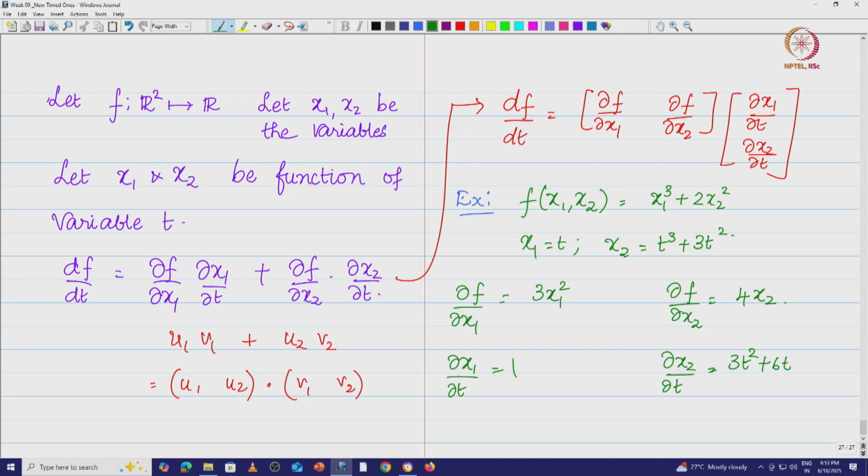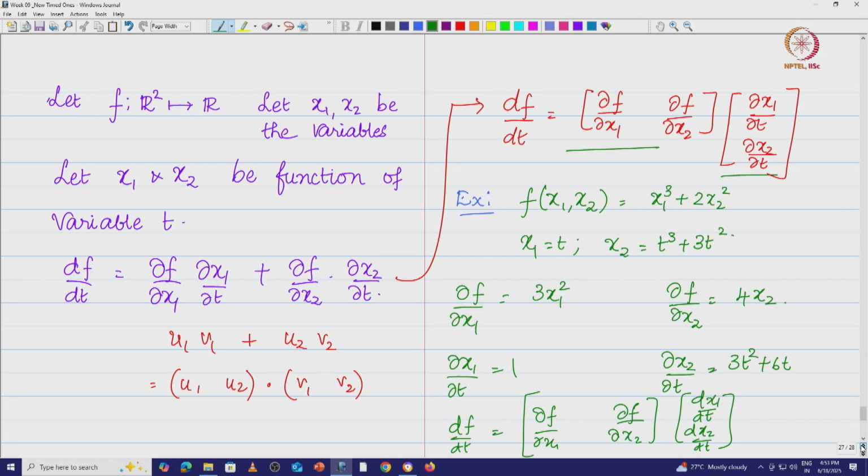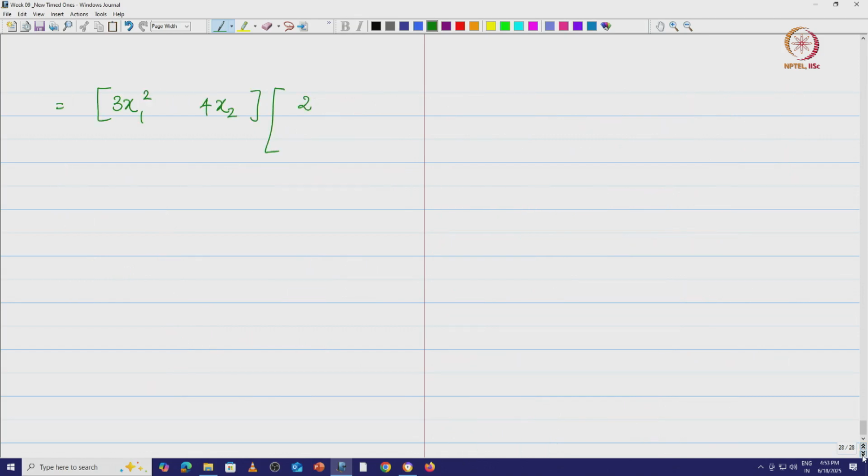So, we just apply this rule: df by dt is dou f by dou x1, dou f by dou x2 into dx1 by dt, dx2 by dt, which is nothing but 3x1 squared, 4x2 into 1 and 3t squared plus 60.